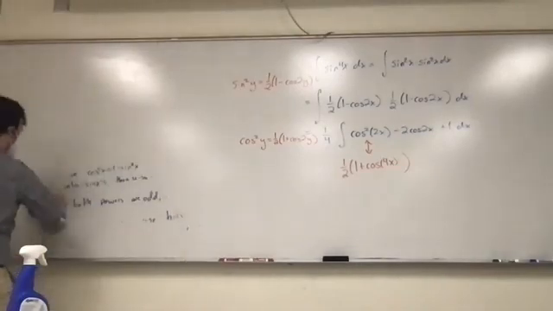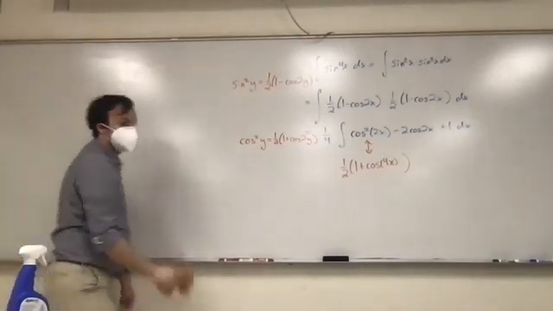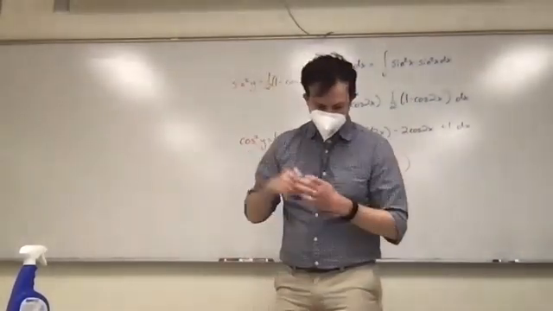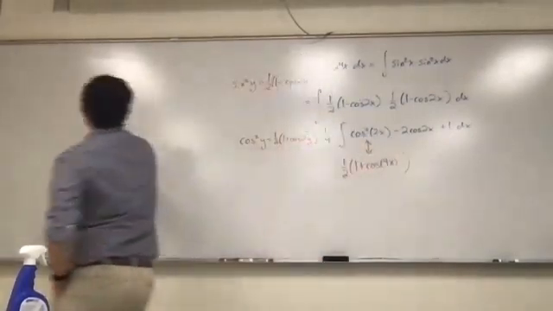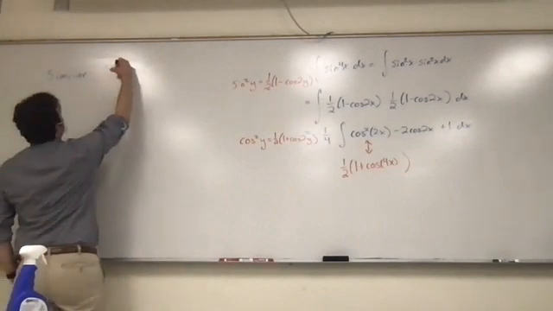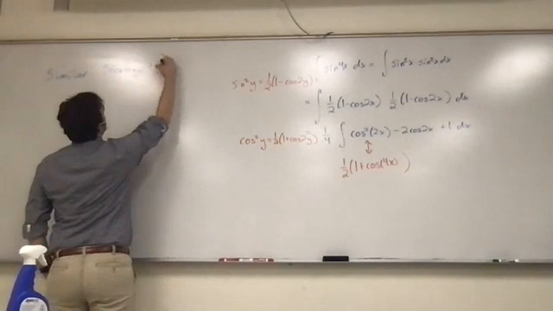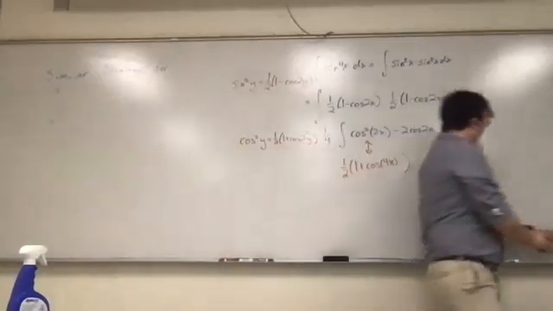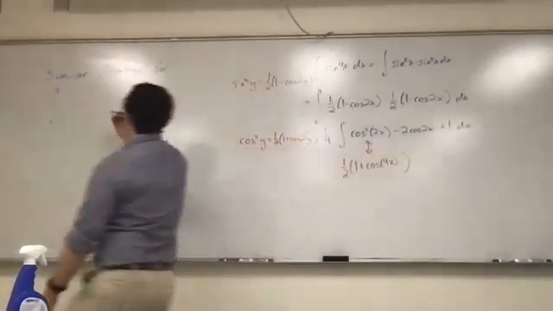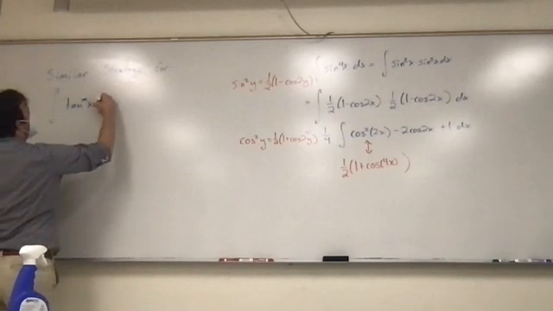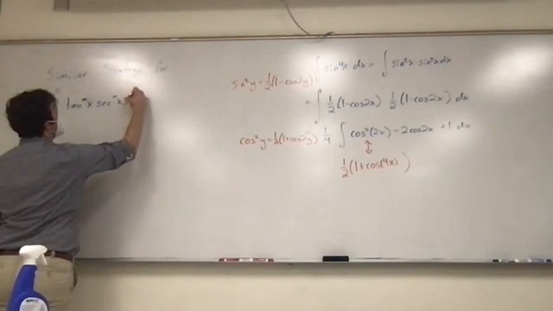So this was all sines and cosines, which is good. But that's not the only pair of trig functions that we can use this strategy with. There's a similar strategy for the integral with tangents and secants: tangent to the mx, secant to the nx.